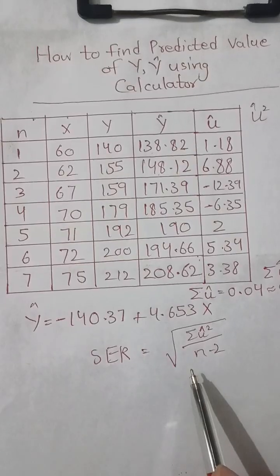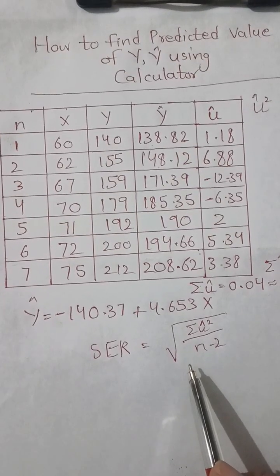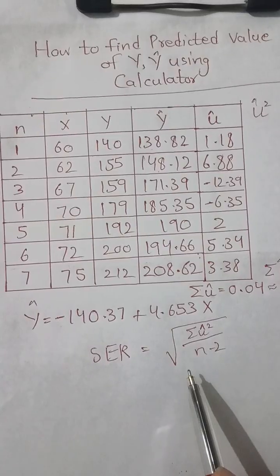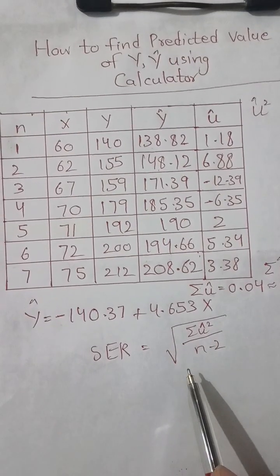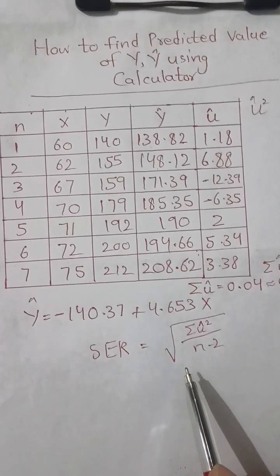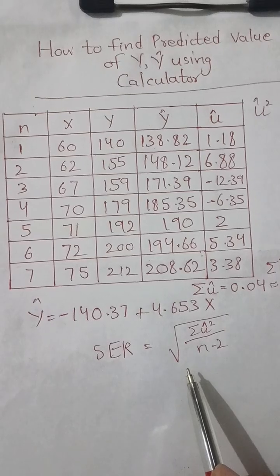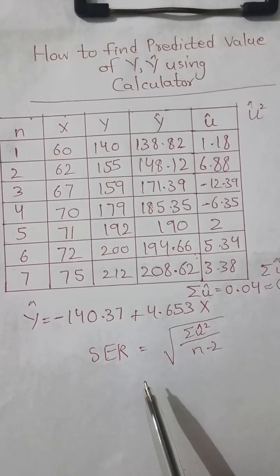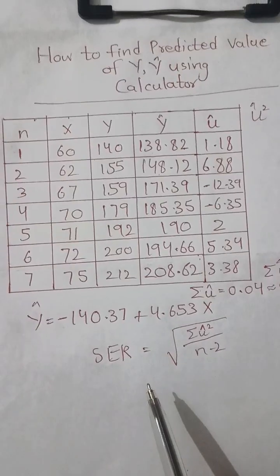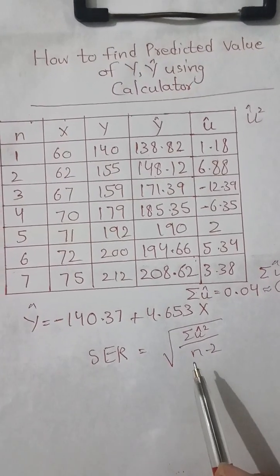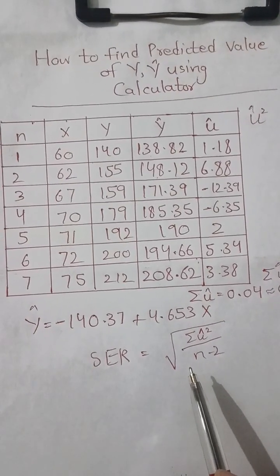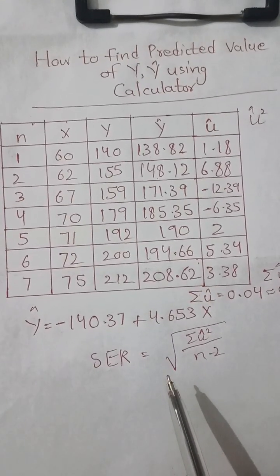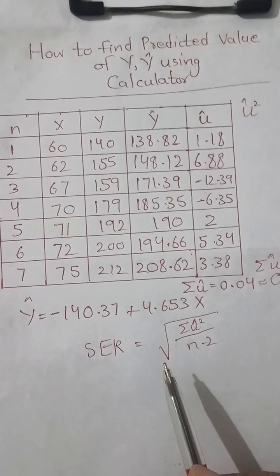Standard error of regression shows how far or how spread the residuals are from the regression line. The more the spread, the greater the standard error of regression, and the lower the fit of the model. And the lower the residual, the less the dispersion, the lower the standard error of regression, and the higher the fit of the model.